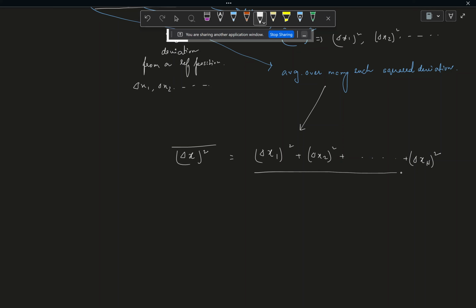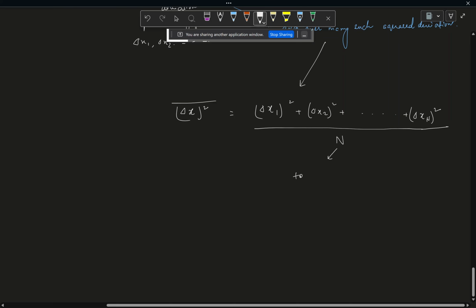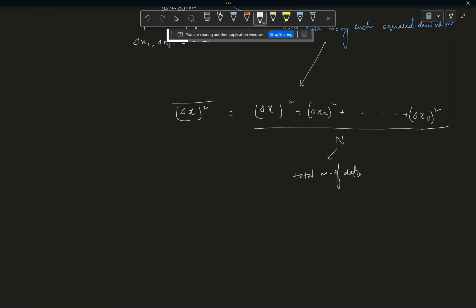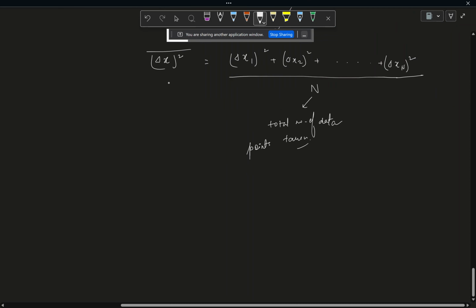Because you have taken the data n times, you have such n deviation data, so it will be averaged by the number n also. So this is the total number of data points taken, and now you average out all of them to calculate your mean square deviation.